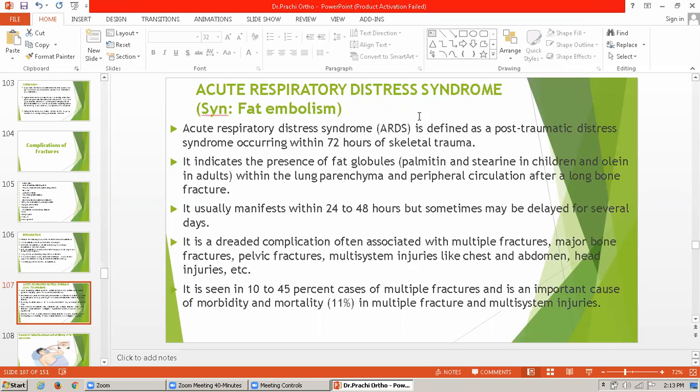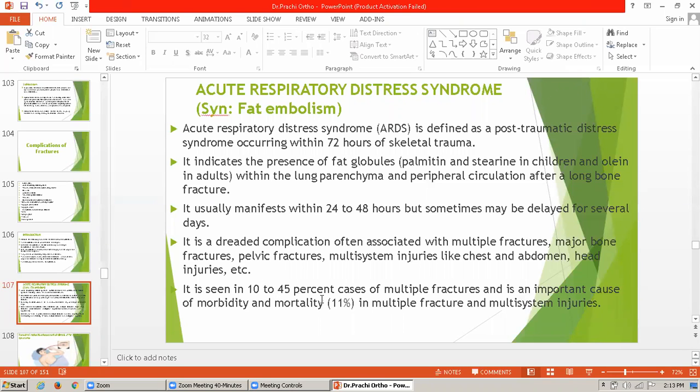It is a dreaded complication and is often associated with multiple fractures, major bone fractures, pelvic fractures, and multi-system injuries like chest, abdomen, and head injury. So ARDS is a dangerous complication.